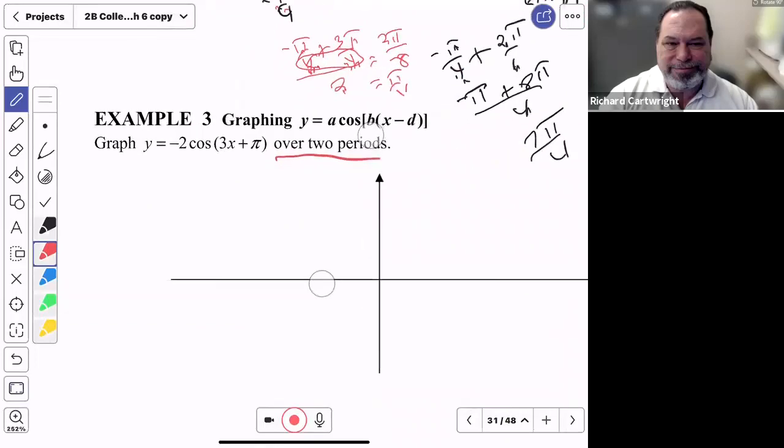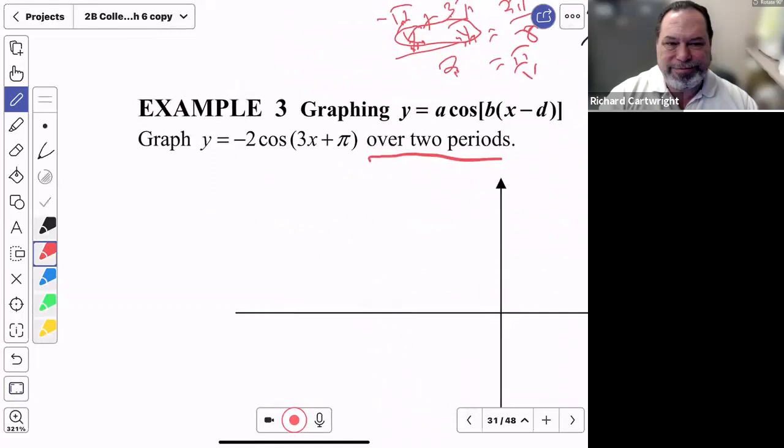Okay. This time, there's a catch. Yes, my b is 3. It is true. But I can't leave it there, guys. You cannot leave the frequency in the parentheses. So I have to factor it out. So I'm going to rewrite this problem as y equals negative 2 cosine.